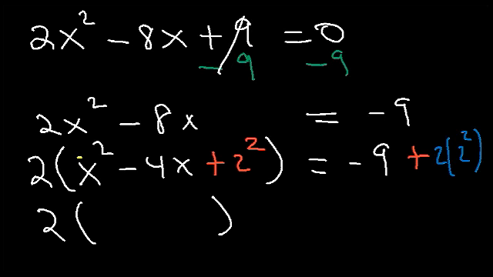So it's going to be x minus 2 squared. On the right side, we have negative 9 plus 8.